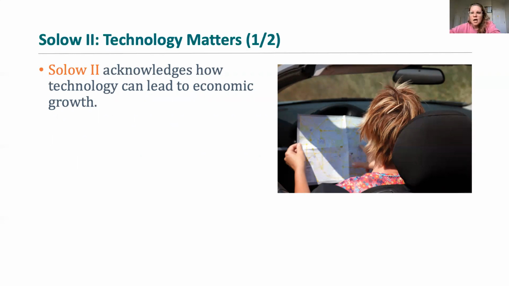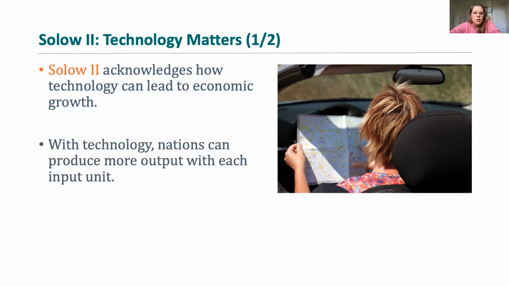Technology refers to the knowledge, the process, the how of what we do. And so there's a newer version, Solow 2, where we take into account technology, and how a zero growth long run equilibrium is actually completely avoidable if you continue to enhance your technological developments.